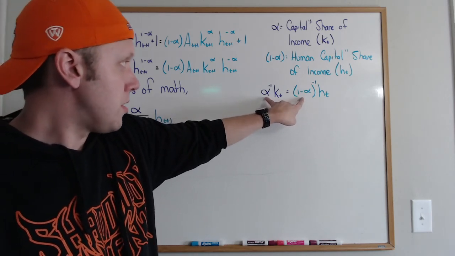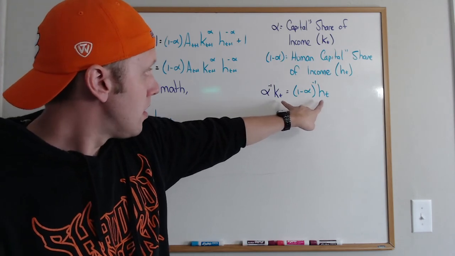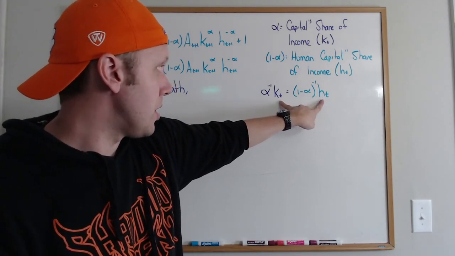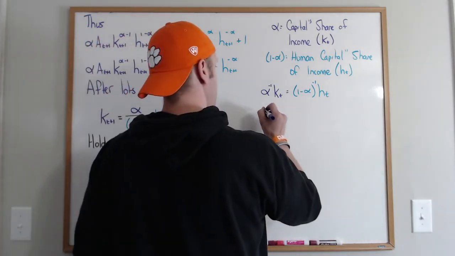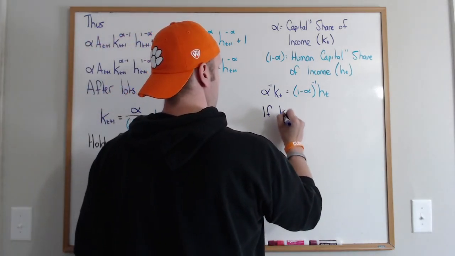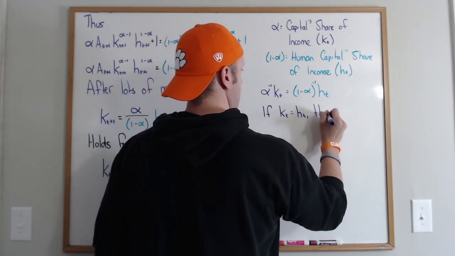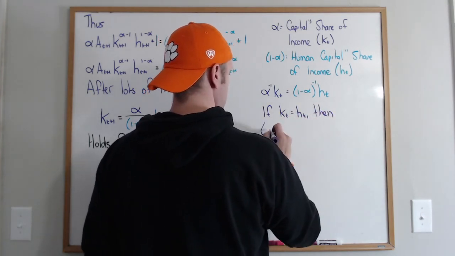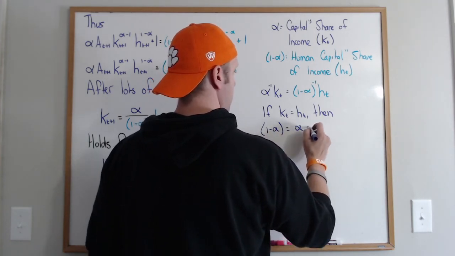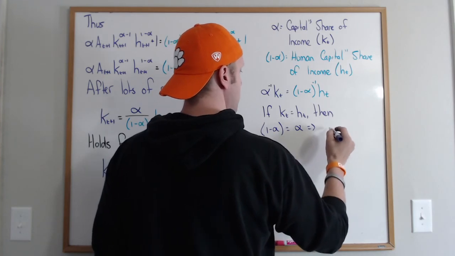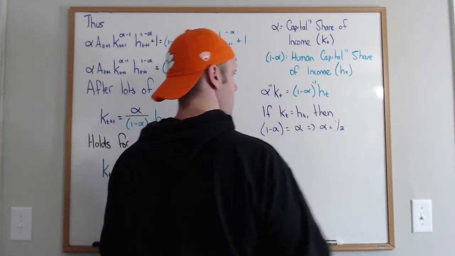Now, if these two are equal to each other, say if k_t equals h_t, then one minus alpha equals alpha, which implies alpha is equal to 1/2.